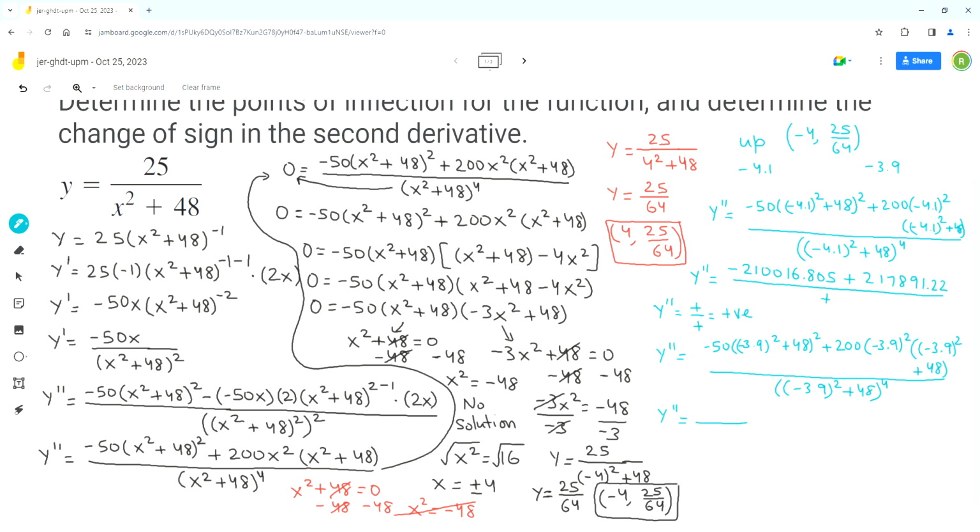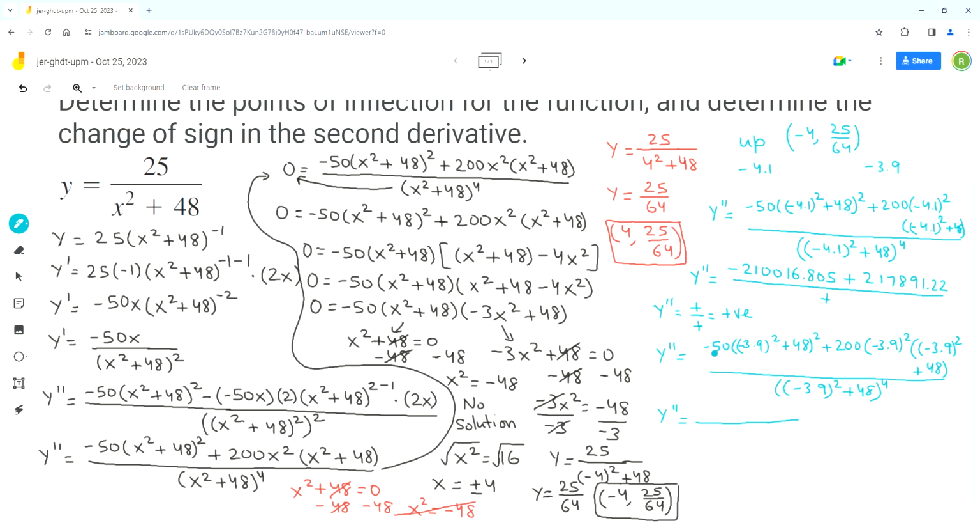Now we can start by evaluating the numerator. So the first part is the negative 50 times negative 3.9 squared plus 48, and then close the parentheses, squared.